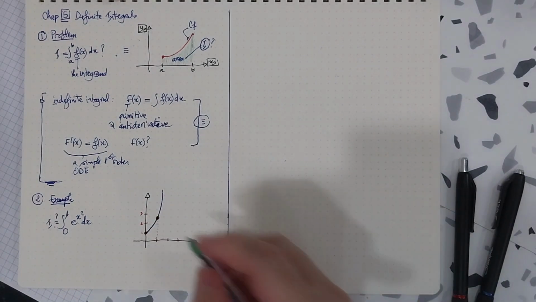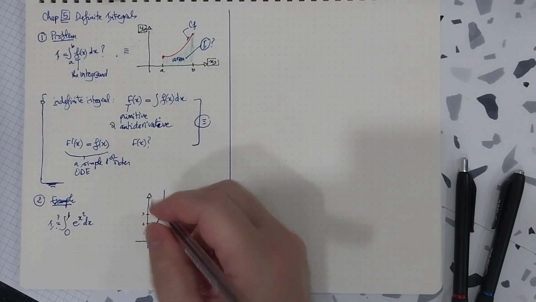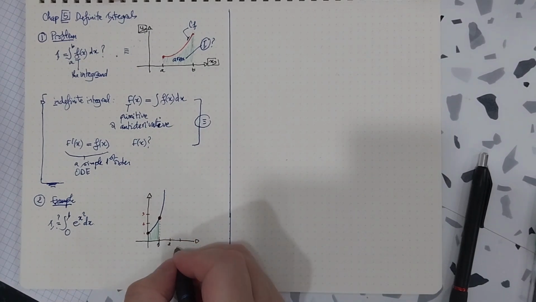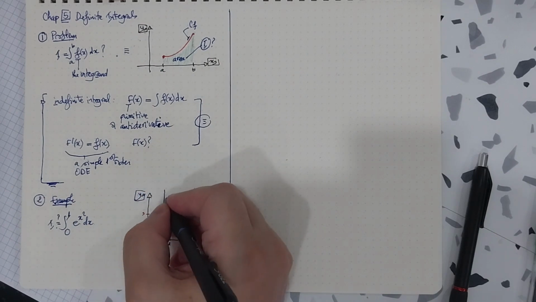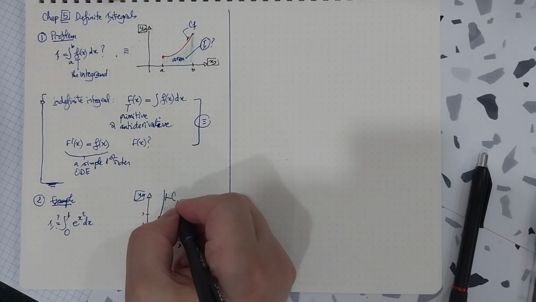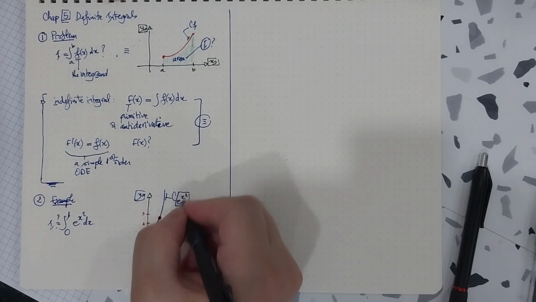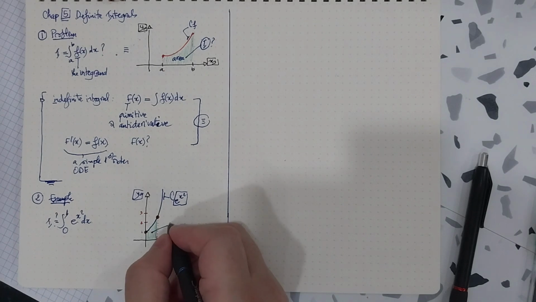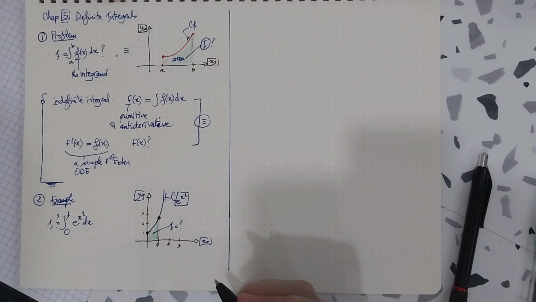And the integral is this area between 0 and 1. This is the x-axis and the y-axis, and this is the curve of exponential of x square. So this is what we are looking to calculate numerically.